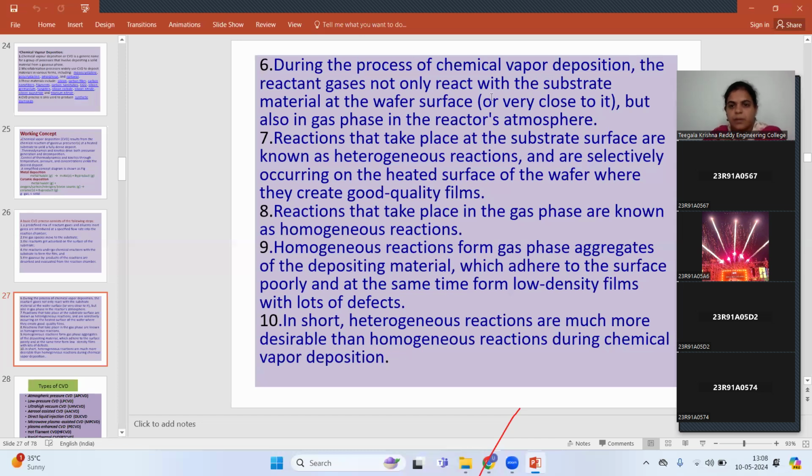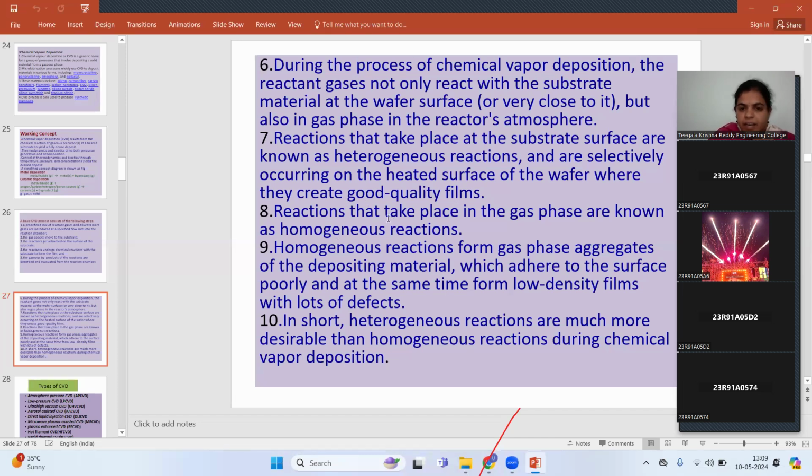During chemical vapor deposition, the reactant gases not only react with the substrate material at the surface, but also in the gas phase in the reactor atmosphere. The reactions that take place at the substrate surface are known as heterogeneous reactions, and occur selectively on the heated surface of the wafer, where they create good quality films.